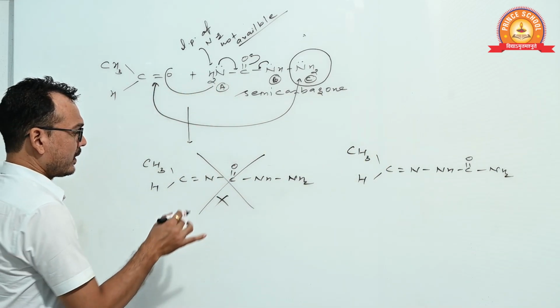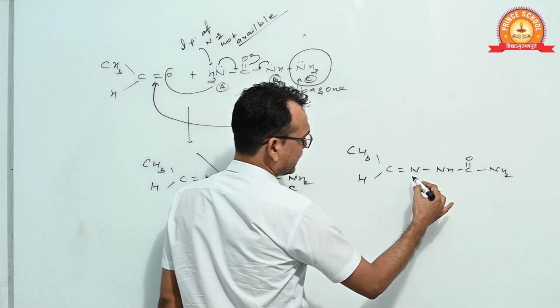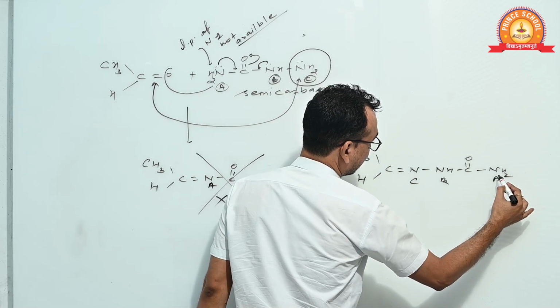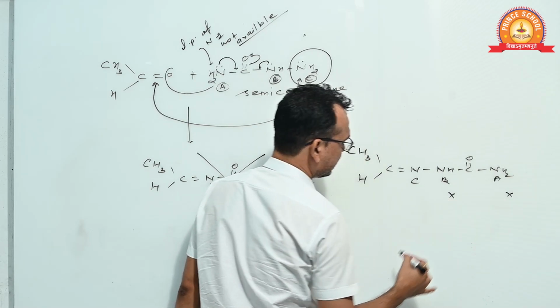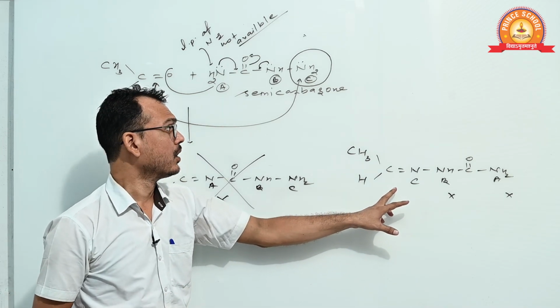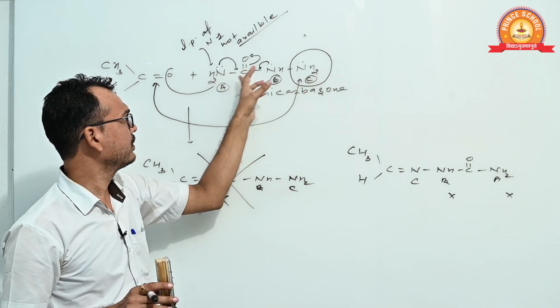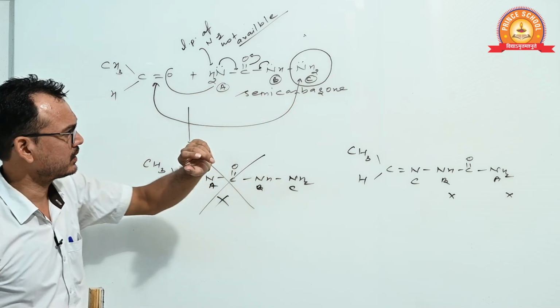Differentiate both products. One is attached from A, B, C and the other is attached from C, B, A. This nitrogen atom does not react, this nitrogen atom also does not react with the carbon atom. It reacts only with the C nitrogen atom. I think you have clearly seen the difference of all three nitrogen atoms.